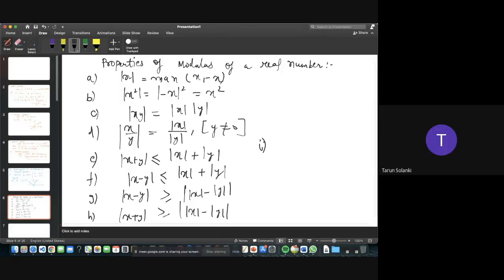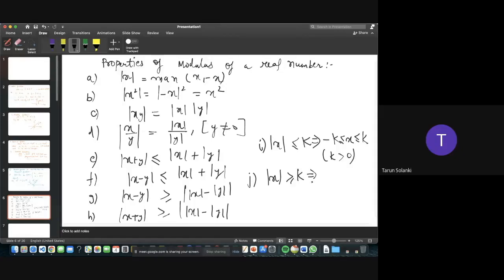Next property: |x| is less than or equal to k. So this we can say is -k is less than or equal to x is less than or equal to k, where k is greater than 0, right? Last, we have |x| is greater than or equal to k.